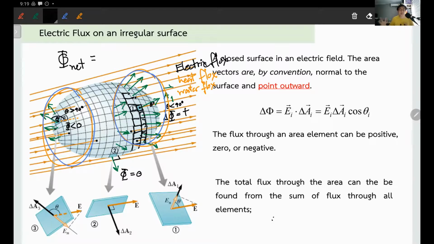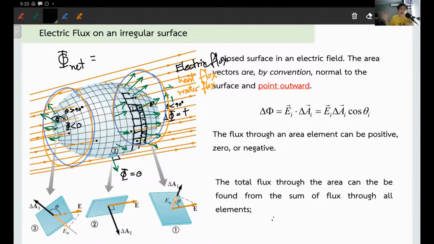So what you are trying to say is, within this volume, how many electric field lines are actually penetrating outward? And how many electric field lines try to get into this? If the net is positive, it just means that within your closed surface the net electric field is outward.